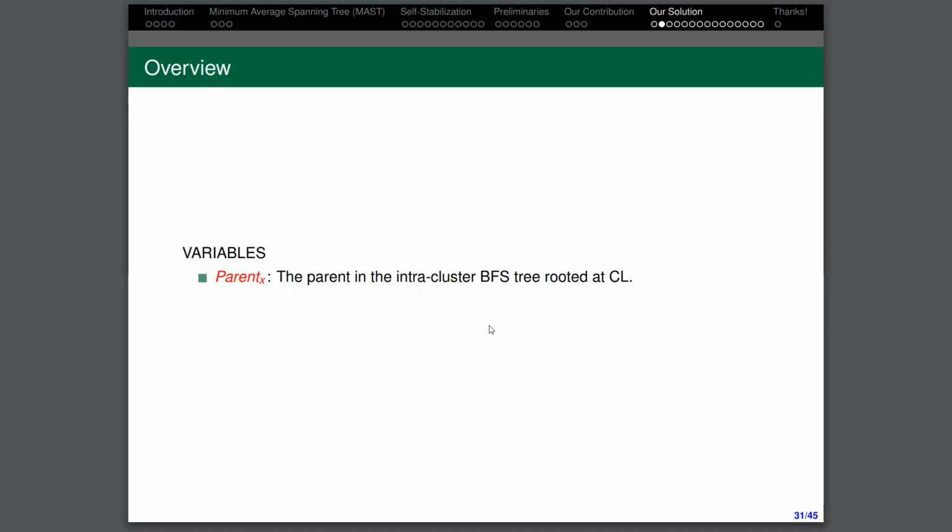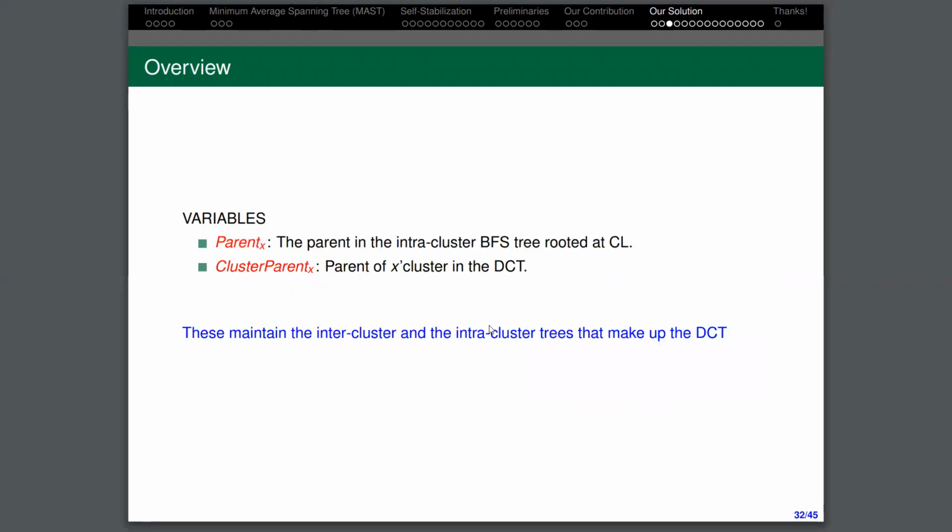The first intra-cluster tree is given by the variable parent of X, and the second tree is given by cluster parent of X. So together they represent the entire DCT. They give the parent-child relationship of every node in the two trees. So through these two variables, each node maintains two parents in its memory.